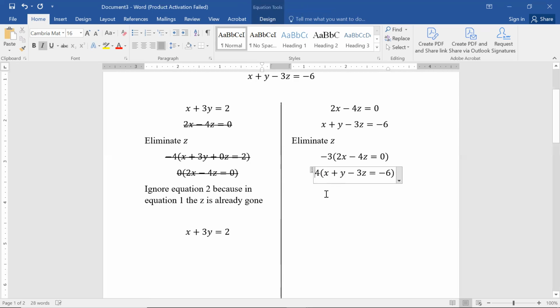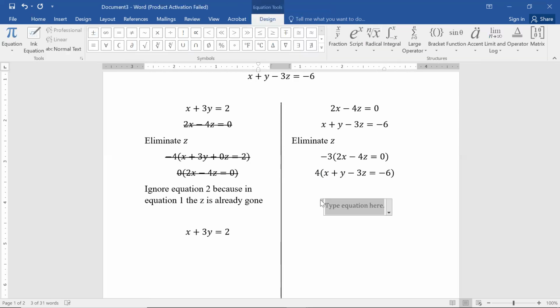I'll change the -4 to a +4, and then multiplying, giving me -6x. There's no y's.